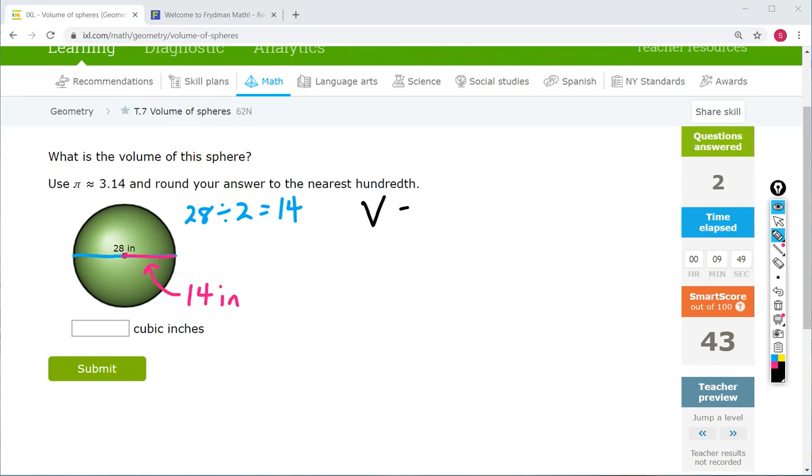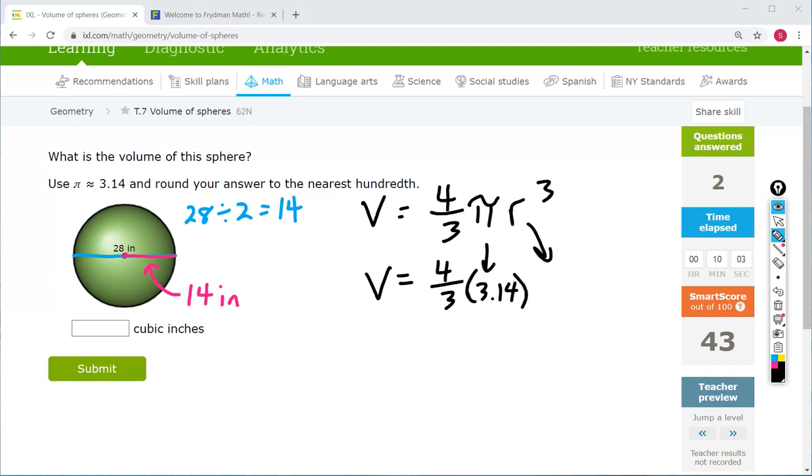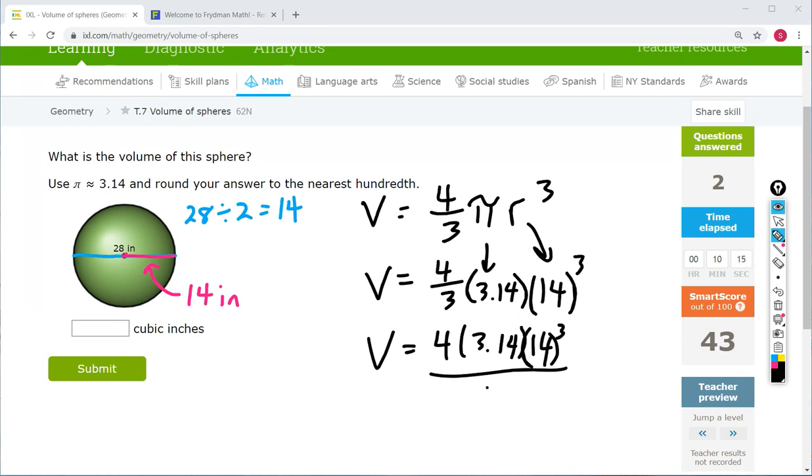So we have the volume equals 4/3 times pi times the radius cubed. So we have 4/3 times 3.14 times 14 to the third power. And this is the same as 4 times 3.14 times 14 to the third power, all over 3.